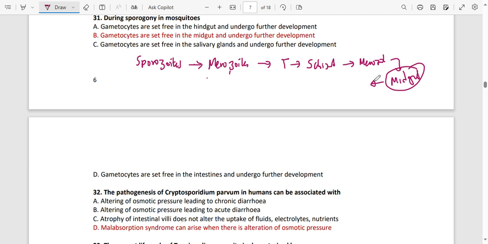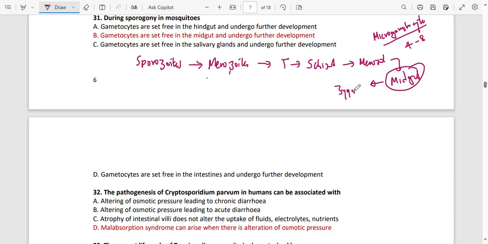Please take note that the male, which is micro, has got 4 to 8 microgametes. The female, which is the macrogametocyte, only converts into one macrogamete. So one of the males will fertilize the female, and when that fertilization happens, you are going to form the zygote.